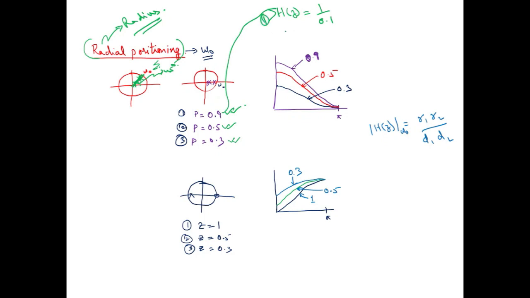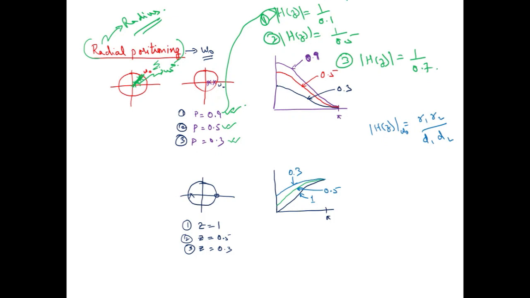In the second case, it would be 1 by 0.5, and in the third case, modulus of H(z) would be 1 by 0.7.